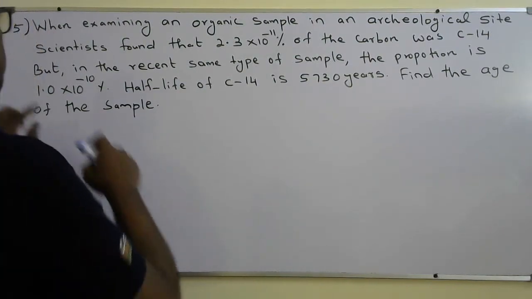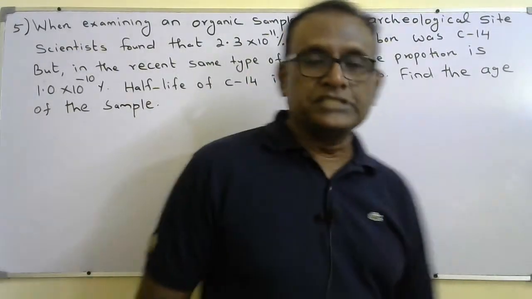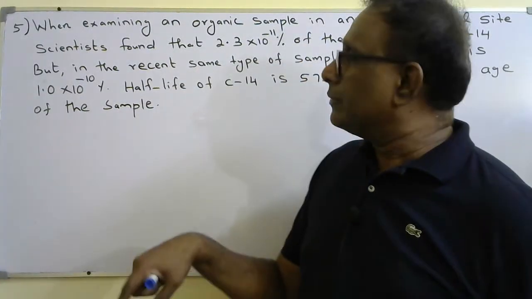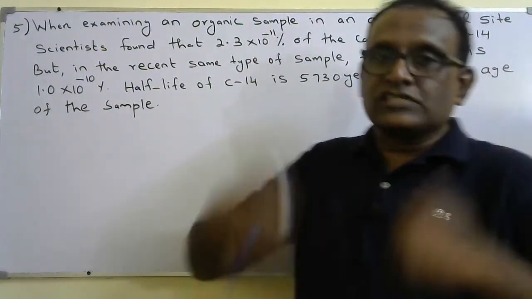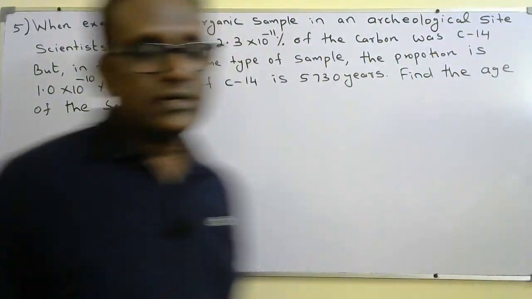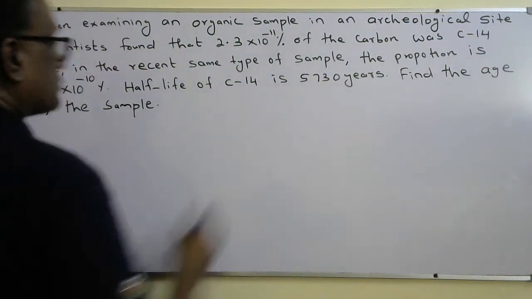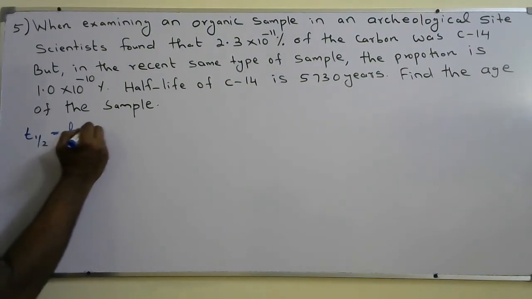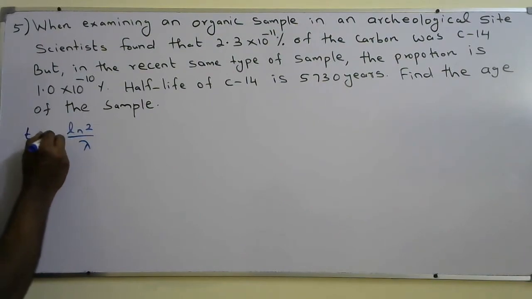So we assume that when the sample found at the archaeological site was living, the ratio of carbon 14 to carbon 12, the percentage, was this much, and now it is this much. That's the way we have to take it when we are doing carbon dating. The only thing we need is to find the decay constant using this: T half is equal to ln2 over lambda, used for carbon 14.